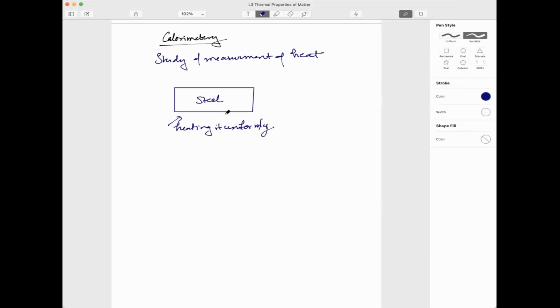Let's say it is at room temperature initially, at T equals 0, it is at 27 degrees centigrade. And after some time T, at steady state, it becomes 28 degrees centigrade. So the delta T change comes out to be 1 degree centigrade.